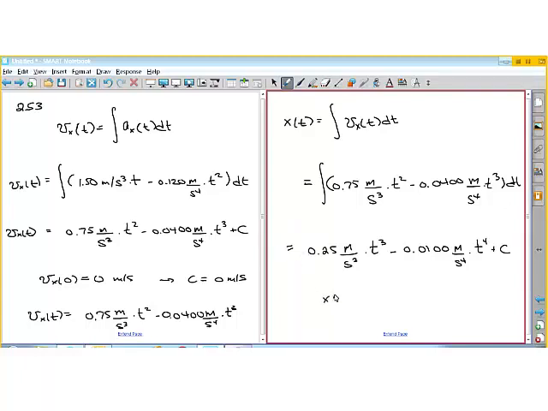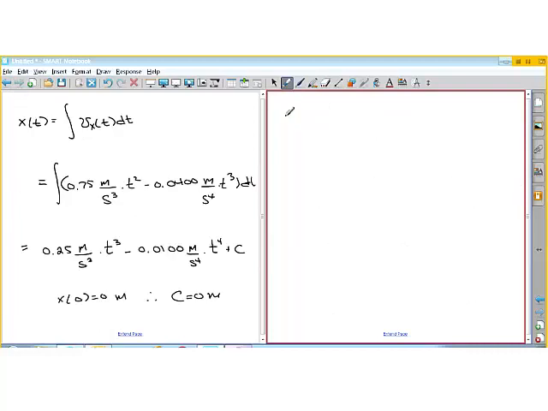So that's my displacement. Again, x at t equals 0 is 0 meters, because it says it starts from the origin. Therefore, c equals 0 meters in this case. So my displacement as a function of time is 0.25 meters per second cubed t cubed minus 0.0100 meters per second to the fourth t to the fourth, plus 0.